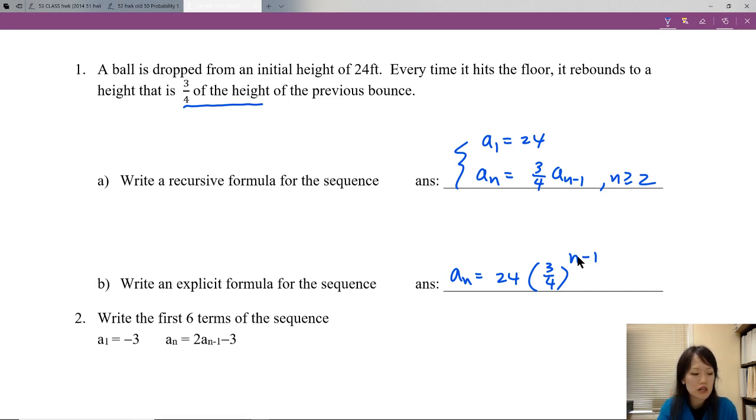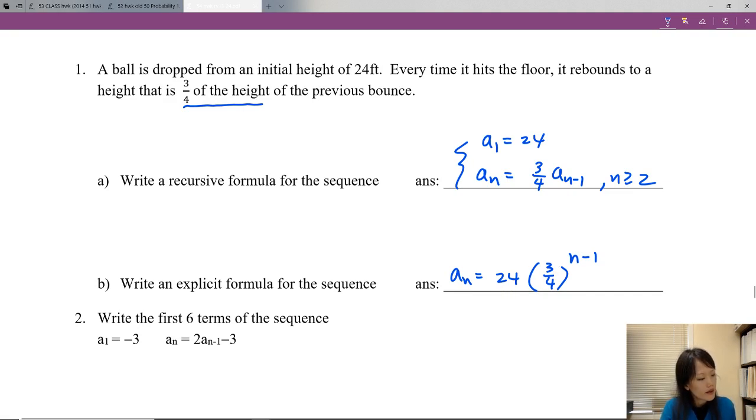Every time it hits the floor, it rebounds. So you start from, I guess you can think the first term is 24, the first height. If we're talking about the heights, the first height is 24. The second height is 24 times 3/4. That's right. Okay, you can leave it like that.